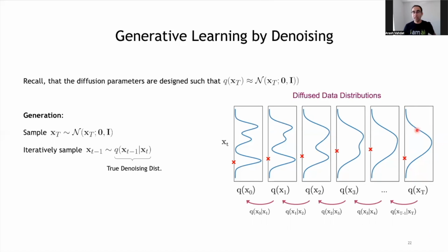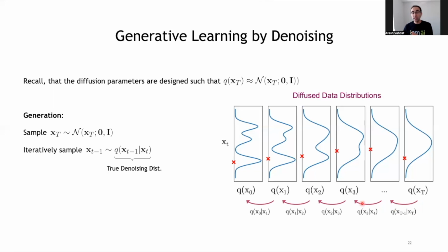We know that the diffused data distribution would converge to a zero mean unit variance standard normal distribution. So we can sample from the standard normal distribution and follow the reverse process, where at every step we sample from the denoising model that generates a less noisy version of the data given the current step.